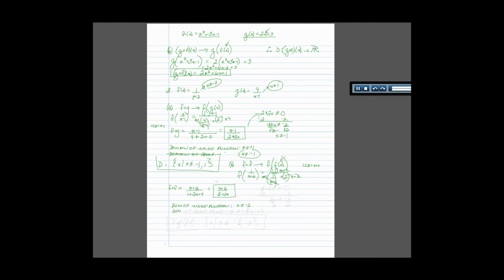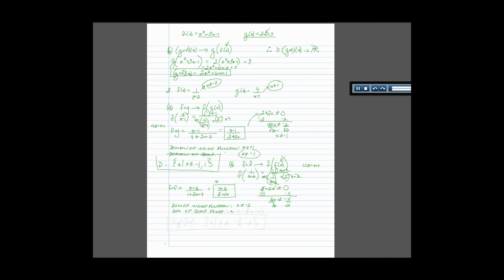Now we need to know the domain restriction of the composite function. So what I have to do is look at what I got right here. And I know that 5 plus 2x cannot be 0. So I'm going to subtract a 5, and I get 2x cannot be negative 5, divide by 2, and we get x cannot be negative 5 halves.